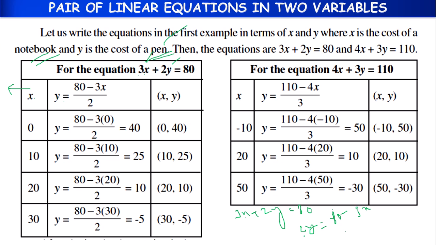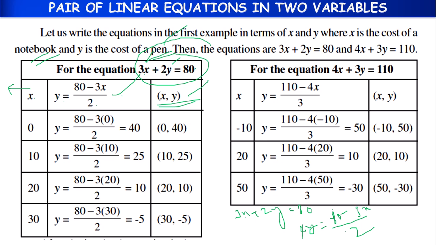If 2 comes to this side, it is 80 minus 3X by 2. So from this equation, we can write Y as (80 minus 3X) by 2 in terms of X. And we will take here an ordered pair, X comma Y values, like a pair, in the third column.